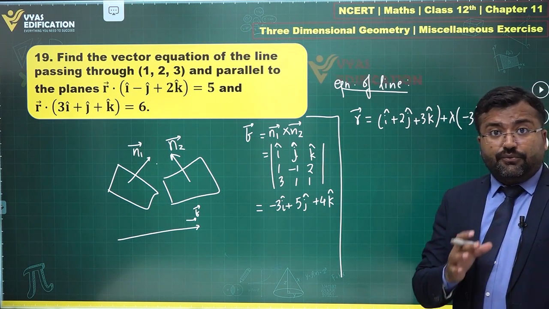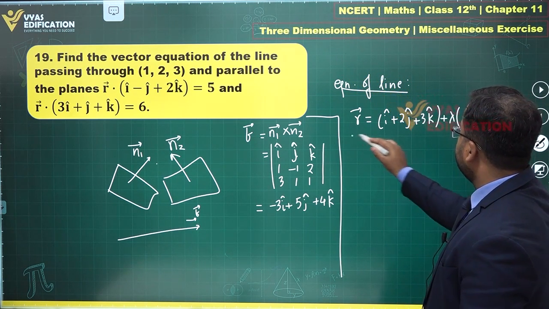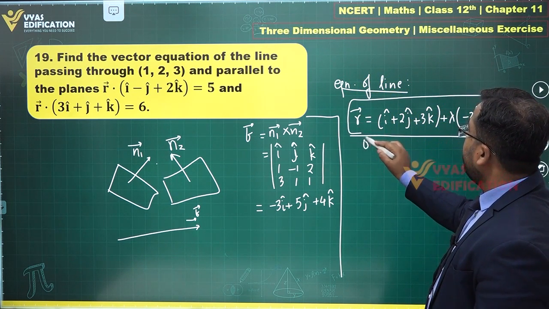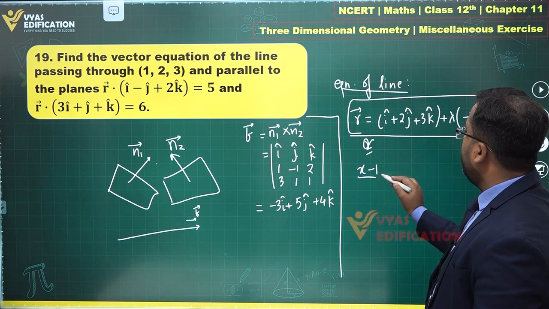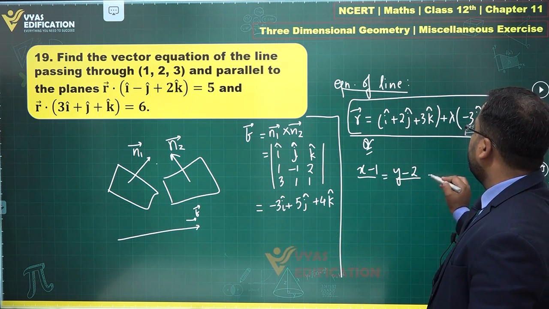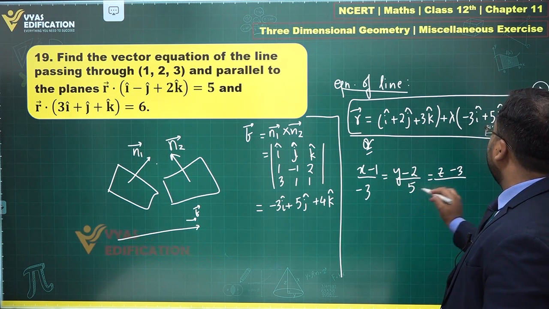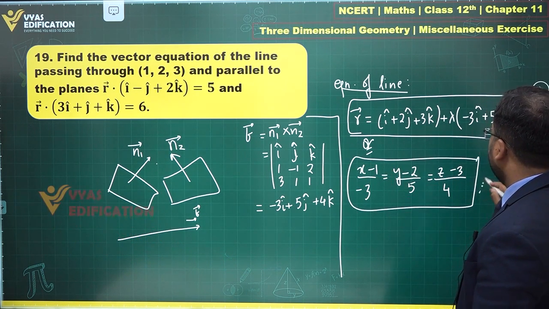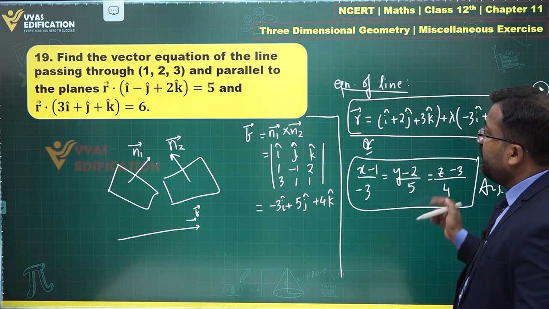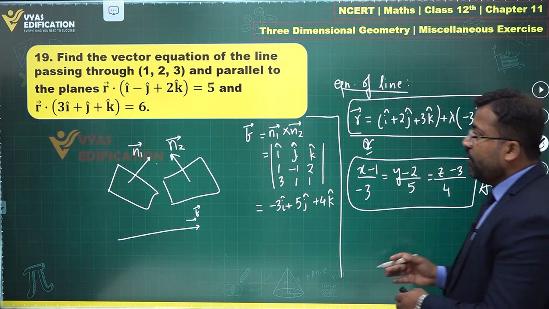This is in the form of vector equation. The Cartesian equation can be written as (x minus 1) upon, (y minus 2) upon, (z minus 3) upon, where the denominators will be minus 3, 5, 4. That's my required answer for question number 19.